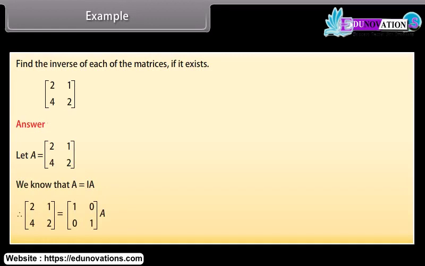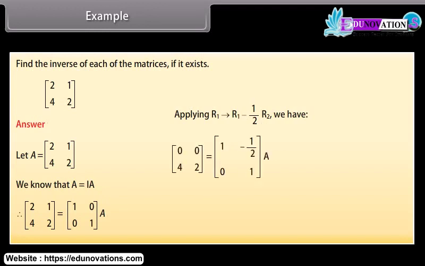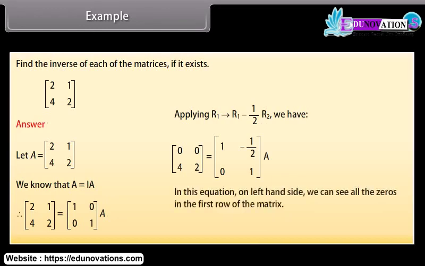Therefore, row-wise first row 2, 1, second row 4, 2 is equal to row-wise first row 1, 0, second row 0, 1 into A. Applying R1 changes to R1 minus 1 by 2 of R2, we have matrix row-wise first row 0, 0, second row 4, 2 is equal to row-wise first row 1, minus 1 by 2, second row 0, 1 into A. In this equation, on left hand side, we can see all the zeros in the first row of the matrix. Therefore, A inverse does not exist.